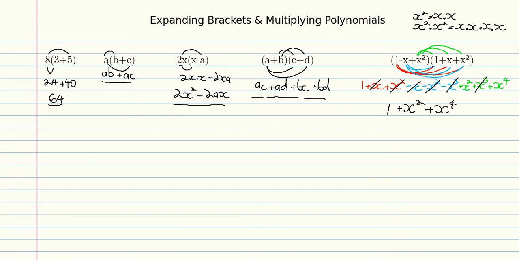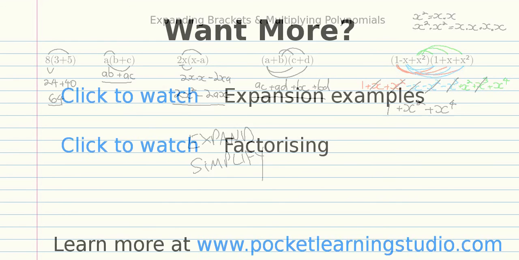And doing this, you can multiply any size polynomial together and expand. So the key basically is the first thing you need to do is expand, and then you need to simplify. Okay, and that's really all there is to it.